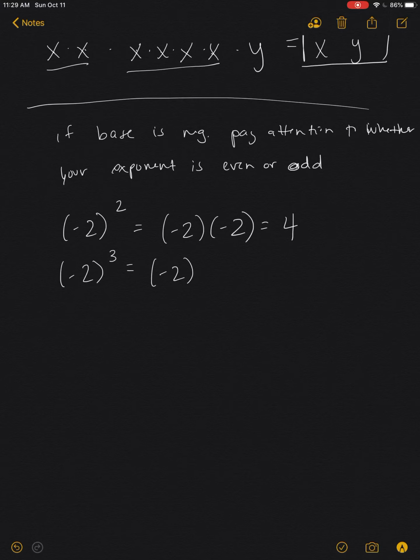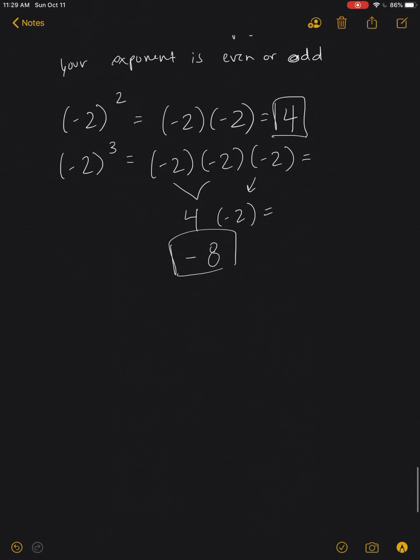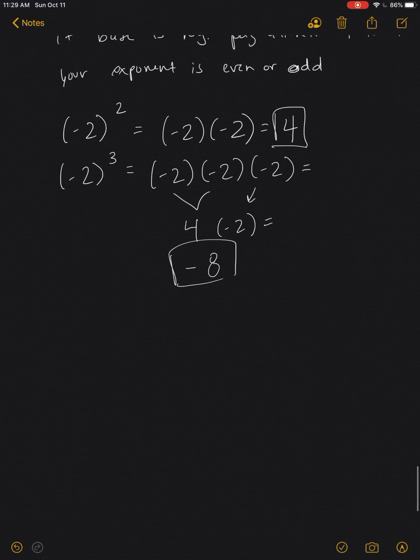So let's say we have an odd exponent. -2 times -2 times -2. That gives us, if you want to write out the steps, -2 times -2 is +4, right? Carry that down. 4 times -2 is -8. So you can see I have a negative, right?